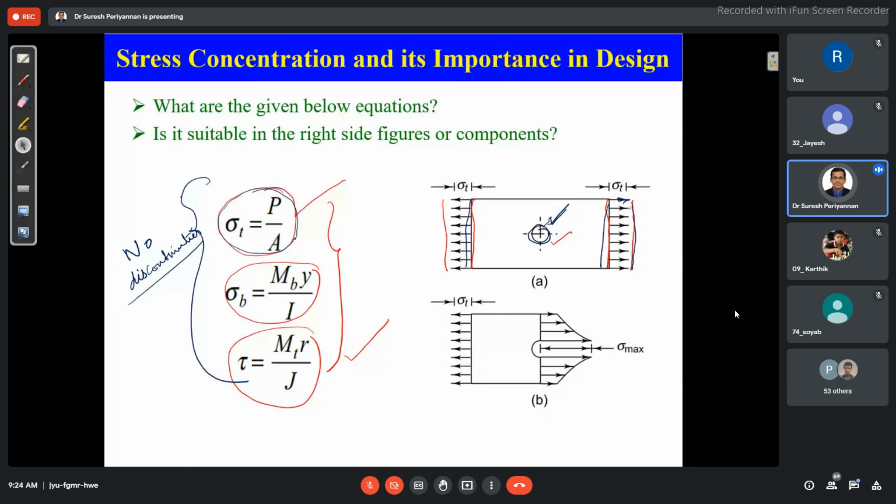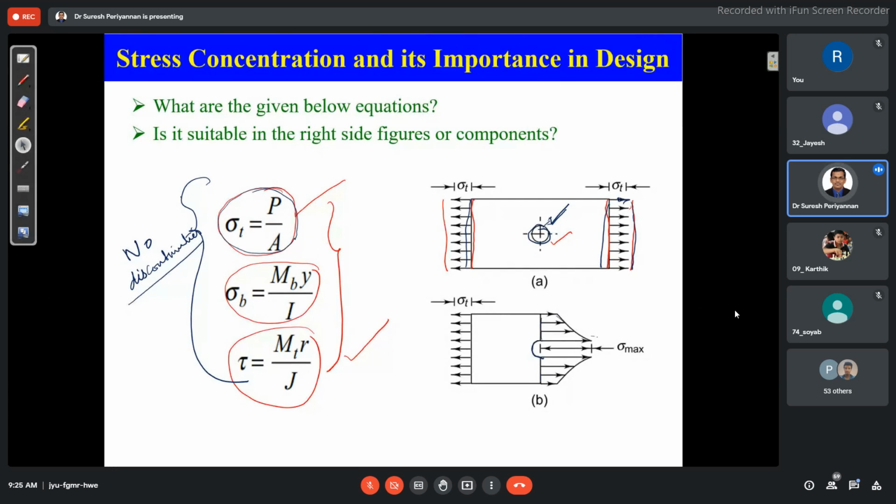With the help of the photoelasticity concept, we understood that there is a sudden rise in the magnitude of stress in the vicinity of the hole. See here, the cut section is clearly explained. In the vicinity of the hole the stress concentration is more. The magnitude of the stress is more as compared to the uniform cross-section stress.